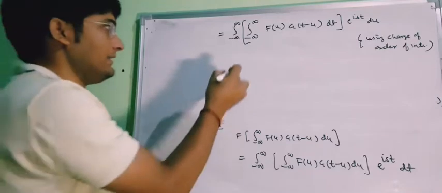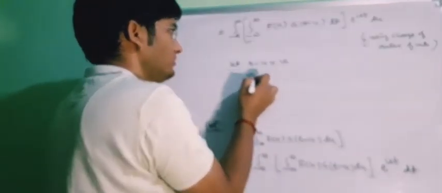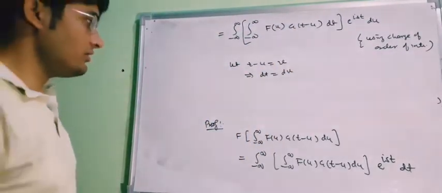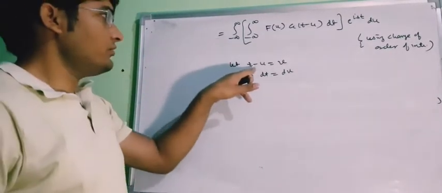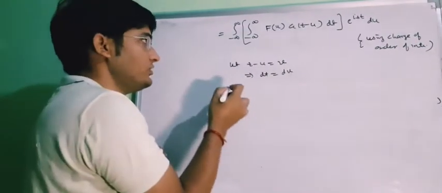So let us assume t minus u equal to v. So you can see that dt will be dv, and there is no change in the limits, because if t equals infinity, we will have v as infinity. If t is minus infinity, we will have v as minus infinity.